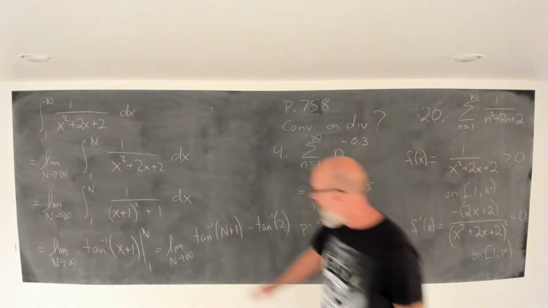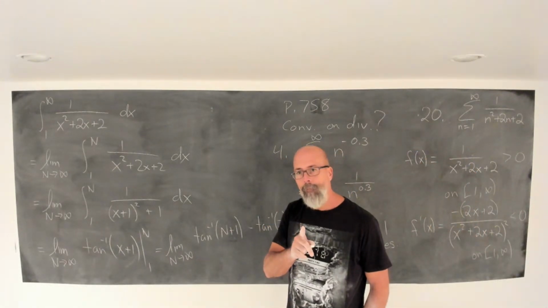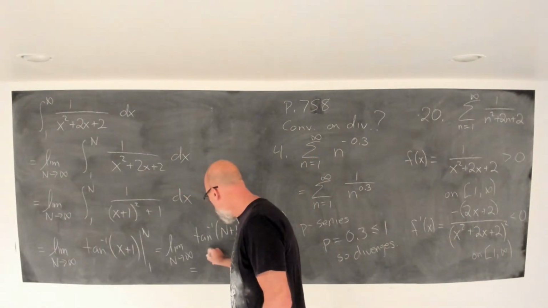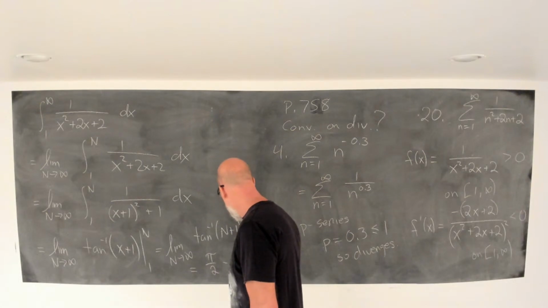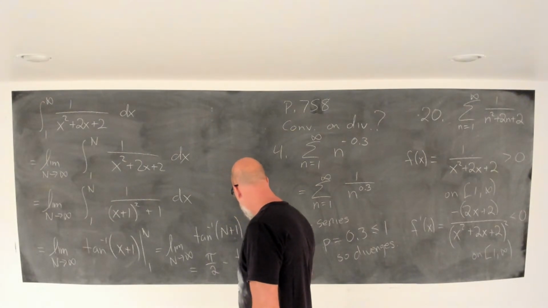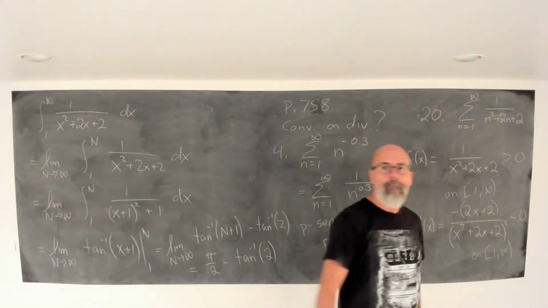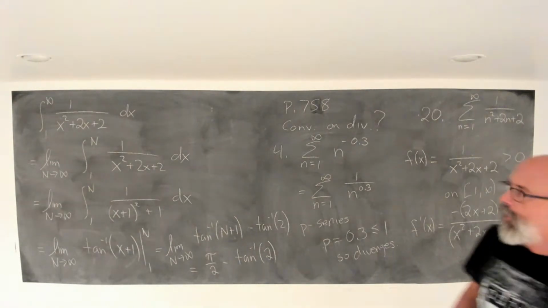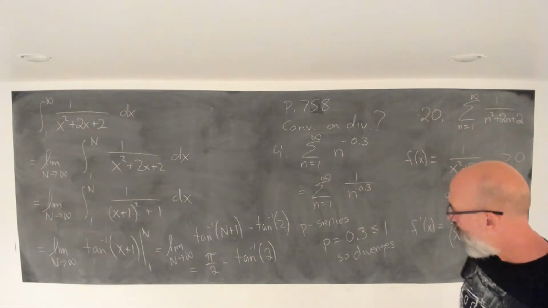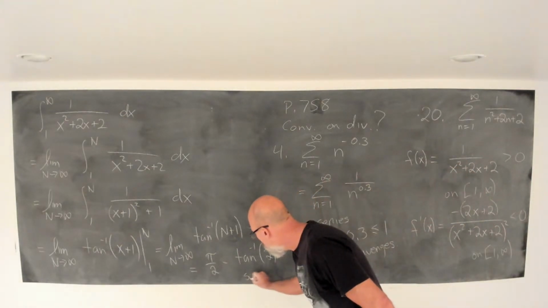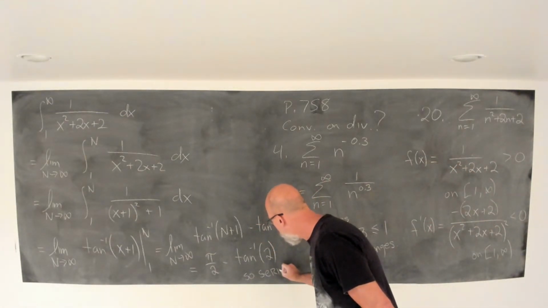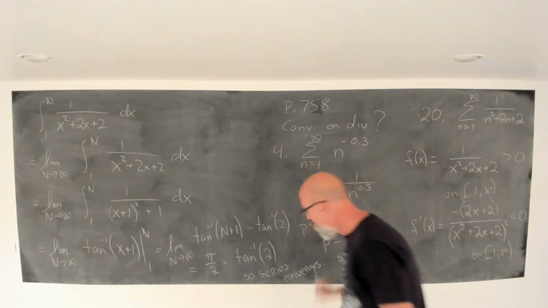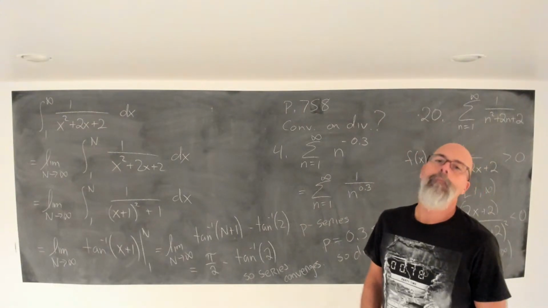And as n goes to infinity, arctan of n plus 1, you know the deal. Pi over 2, thank you, Dan. There it is. The integral converges, so the series converges.